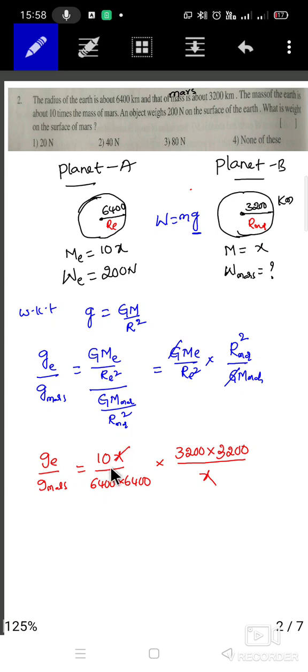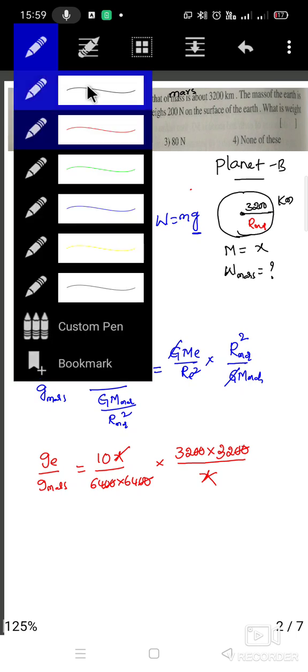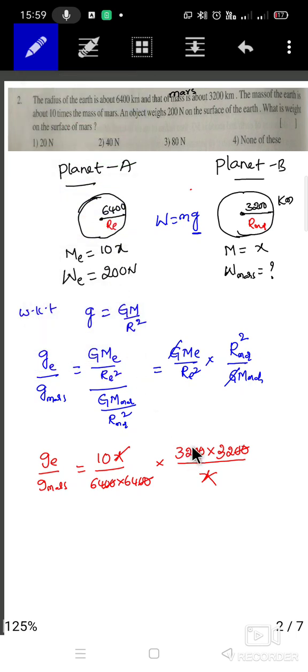In this condition x gets cancelled. Two zeros get cancelled, and here two zeros get cancelled. Next, 32 ones are 32, 32 twos are 64. Again 32 ones, 32 twos are 64.